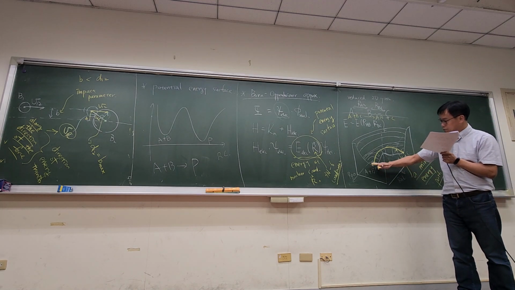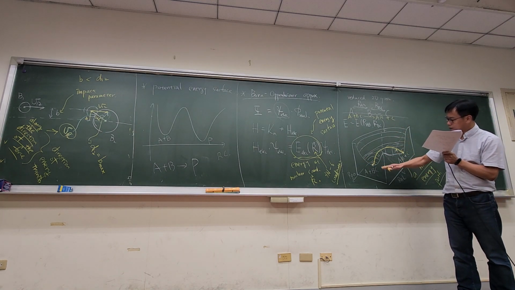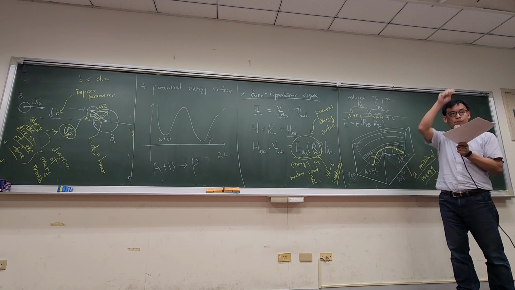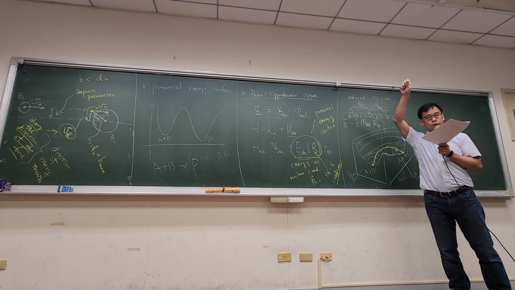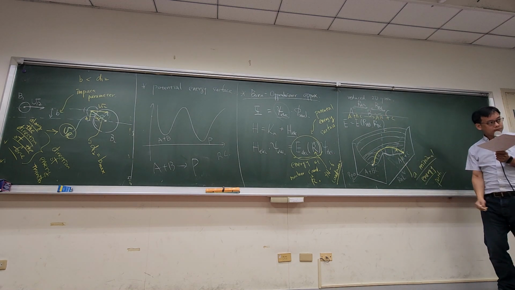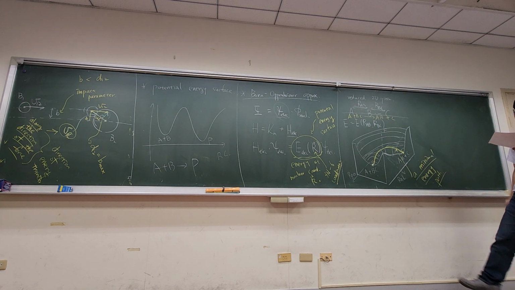So in this case, if you draw potential perpendicular to this path, this potential is always in the minimum. You always follow the minimum point. This is definition of minimum energy path.